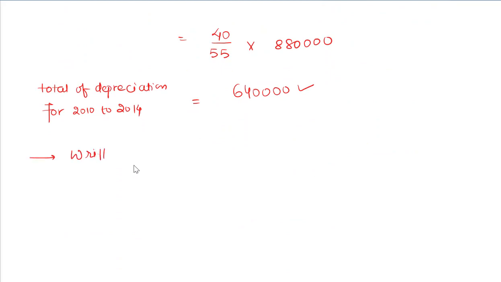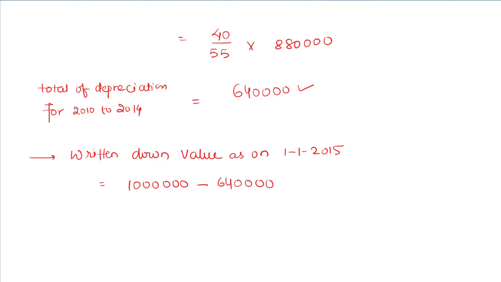Now calculate the written down value as on 1st January 2015. So till 2014 it is 6,40,000. So it is 10 lakh original cost minus 6,40,000, that is 3,60,000. So 3,60,000 is for 2015.